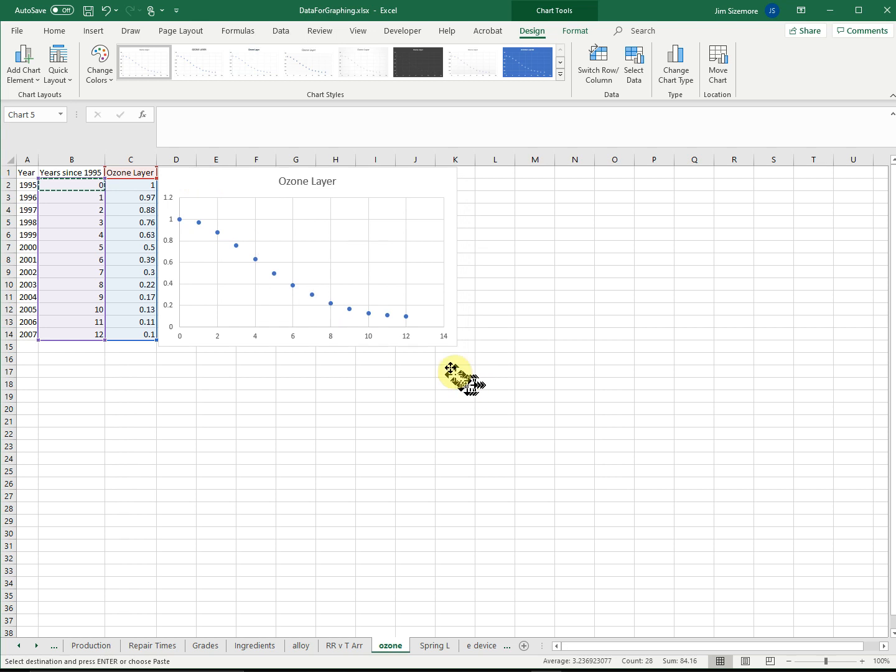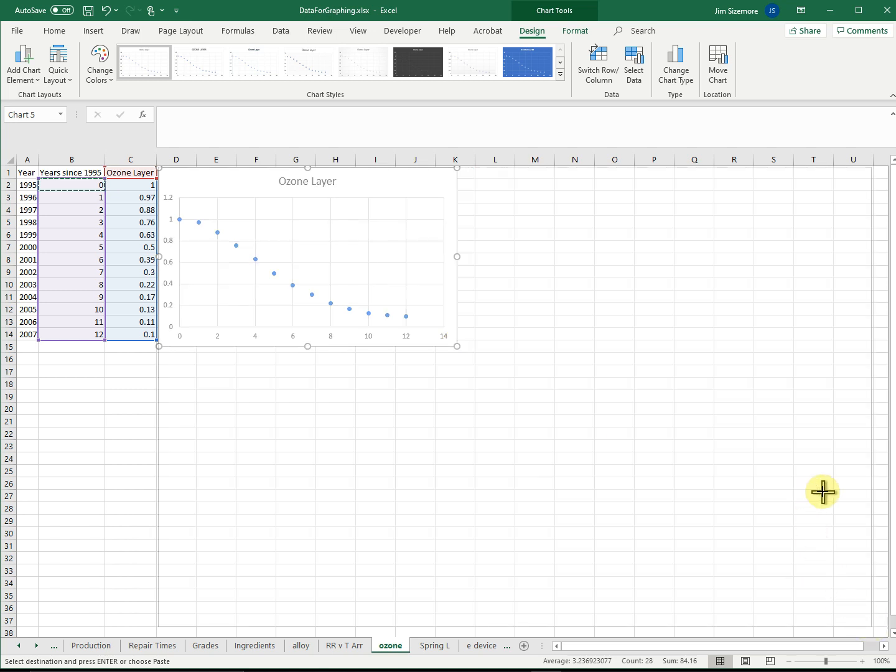Going to make it nice and bigger. There's my handles. Get it nice and big for you guys. Now let's insert the trend line.